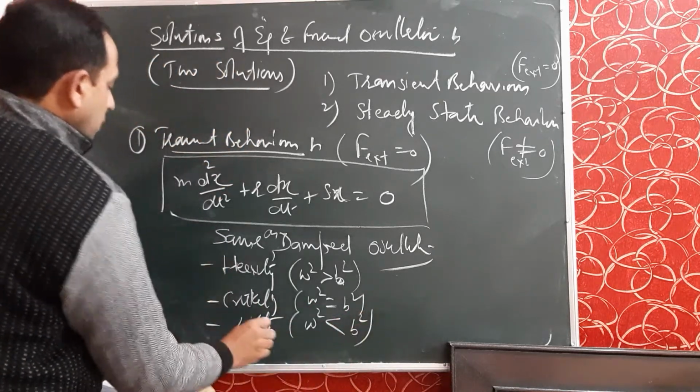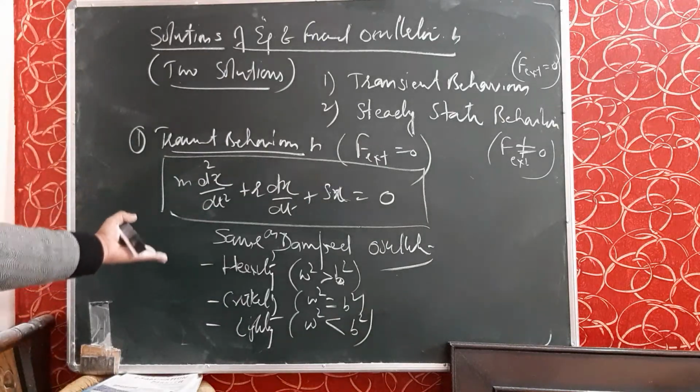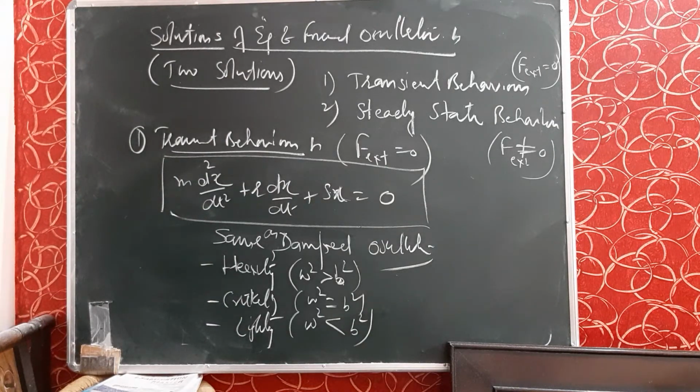So there are three cases, and we are already familiar with these three cases. Our transient behavior is the same as the behavior of a damped oscillator. So we will not discuss this behavior in detail, because we have already proved it.